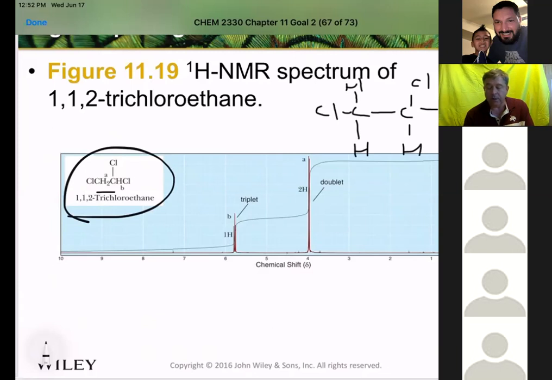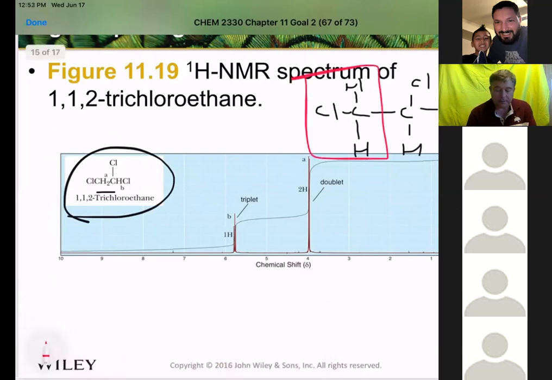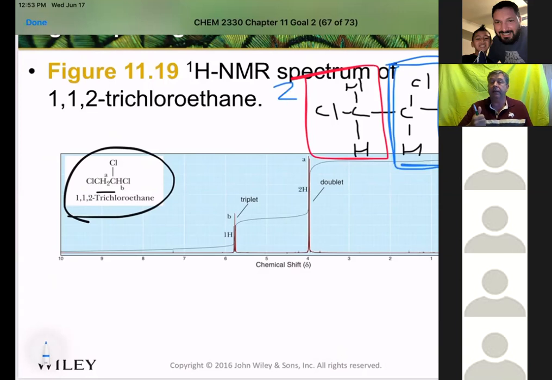We have 1 hydrogen on a carbon with 2 chlorines on it. That means that these hydrogens are different than this hydrogen right here. So when we do our intensity, we're going to see an intensity of 1 here and an intensity of 2 here, okay? But now let's look at the split, okay? So our blue hydrogen here is going to have its own peak because it is its own unique hydrogen.